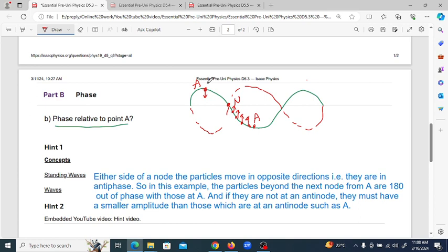So it means they have a 180 phase difference. So the phase difference is 180.